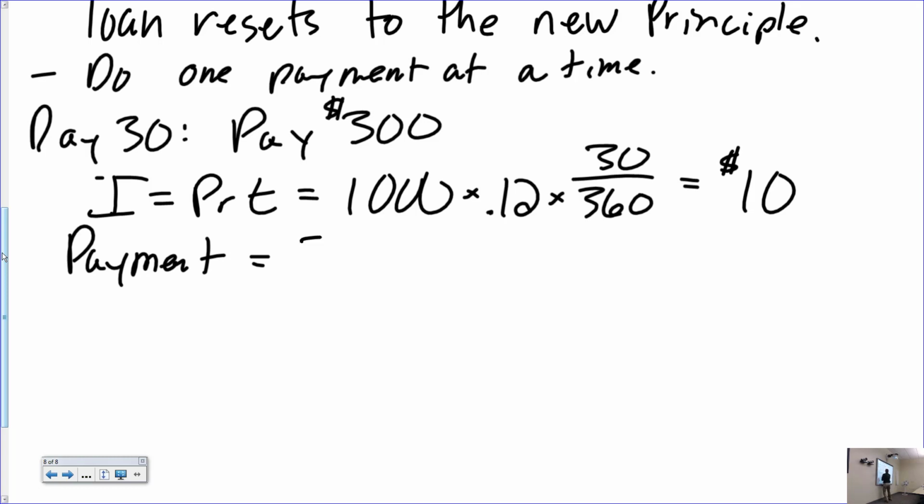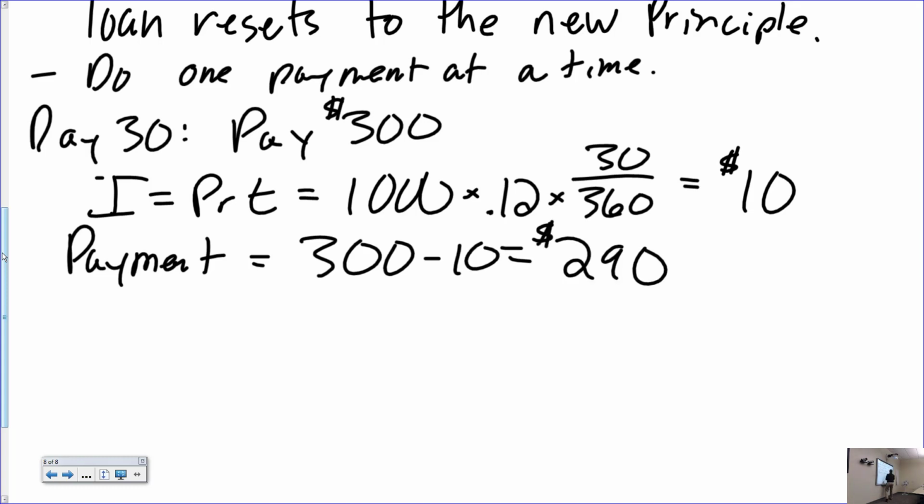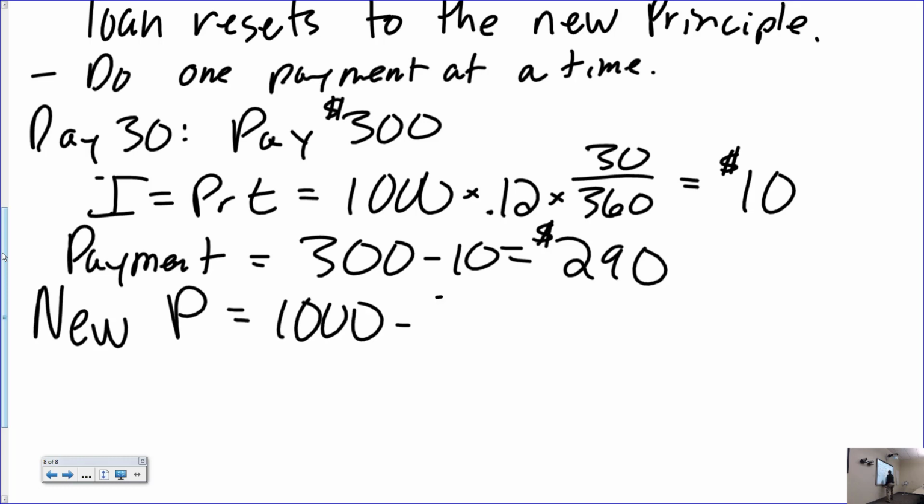Okay? So you're going to take the $300, subtract $10, and our payment on the principal was only $290. And that's the amount that you subtract from the principal. So my new principal is the old principal of $1,000 minus the $290 that I paid.